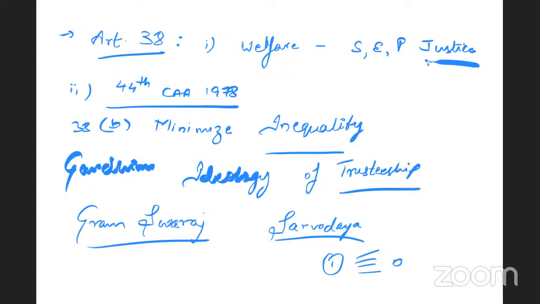That is, in the good of all lies the good of individuals. So if everybody in the society is in a good position, it will automatically ensure that the individual's well-being is also guaranteed. This is called as Sarvodaya. In the good of all lies the good of one. So that is about Article 38.